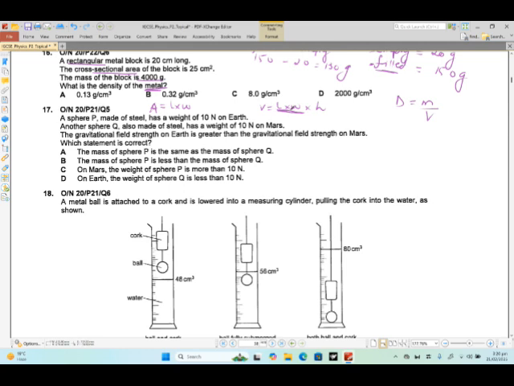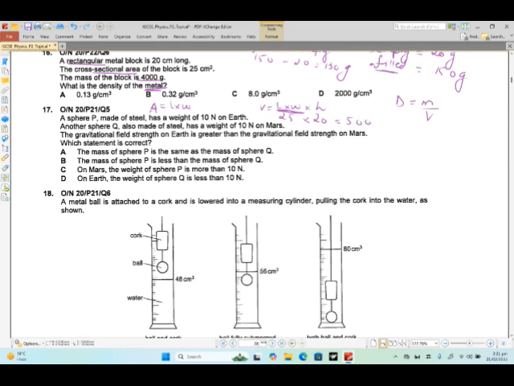So we can multiply 25 with the length, into 20, which is going to be 500.